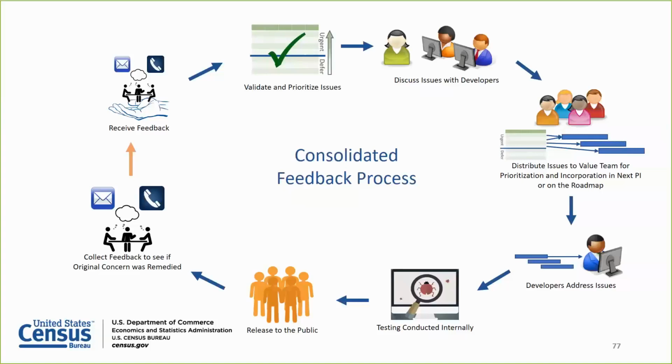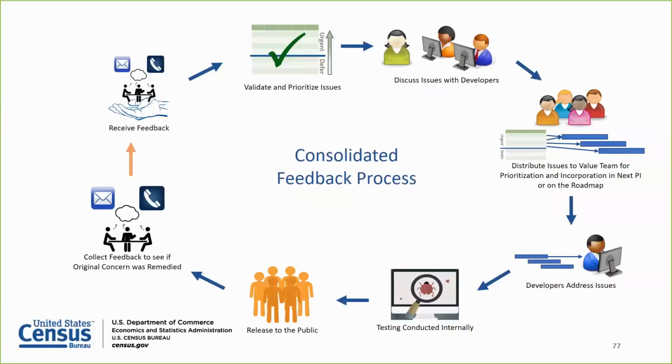So we receive the feedback, we then validate and prioritize it, we talk to our developers about it, then we get a bigger prioritization of it and when it can be put into the next PI. We don't have a lot of really long-term things. These are really in these 2-month spurts. Then the developer addresses the issue, and then we do internal testing.